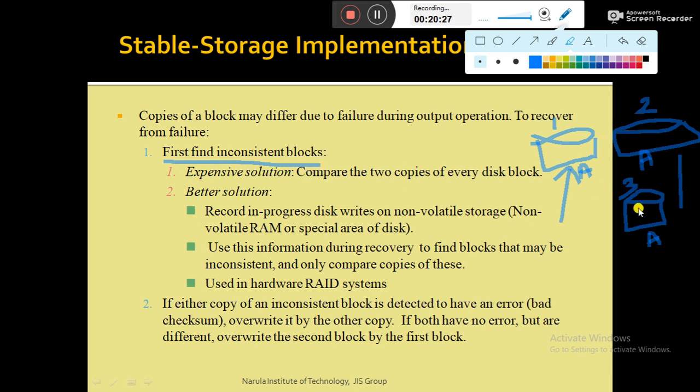For that, we have to compare the two copies of every disk block, meaning we compare every block with the other one.